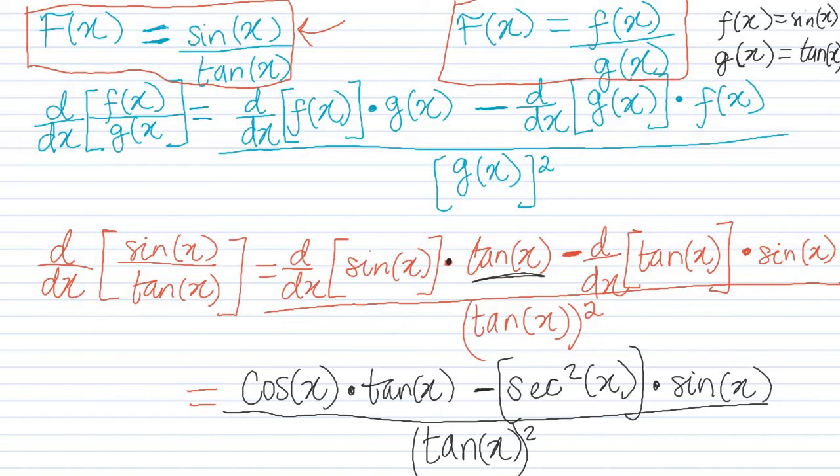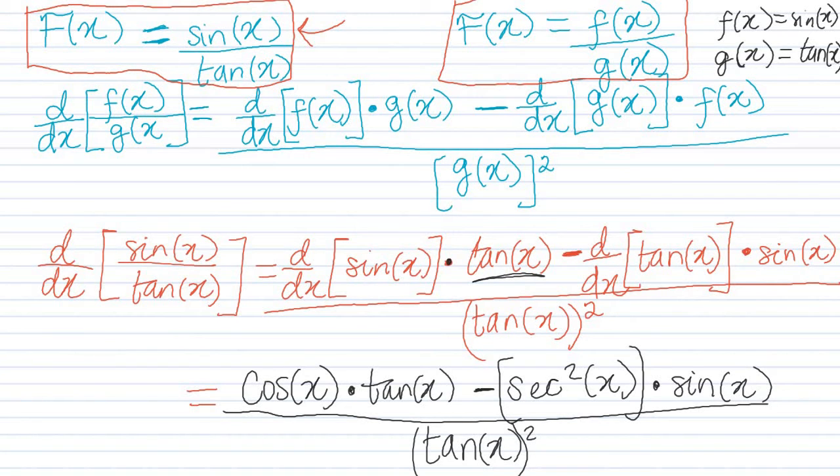So now this answer is correct, perfectly alright. But because we're dealing with trigonometric functions, just like every other thing in maths, we like to simplify our work. Even though we've applied the quotient rule and we've gotten our answer to be this, there's a way for us to break down the information further, so we're not having an answer that is very complicated with a whole bunch of trigonometric functions.